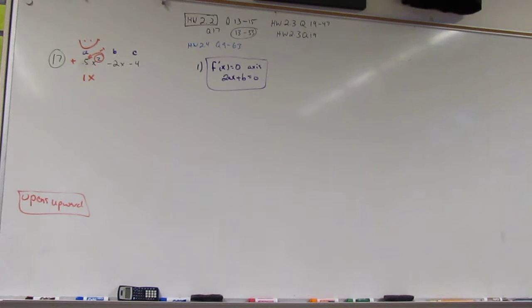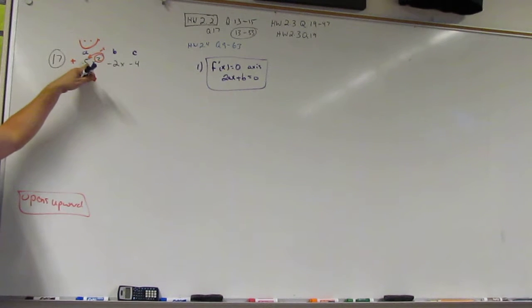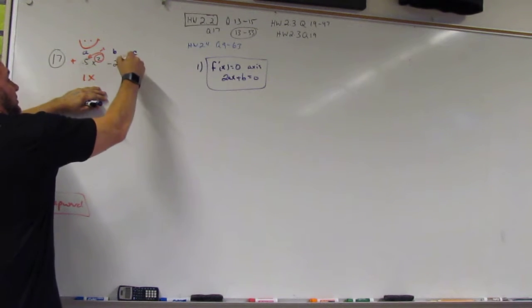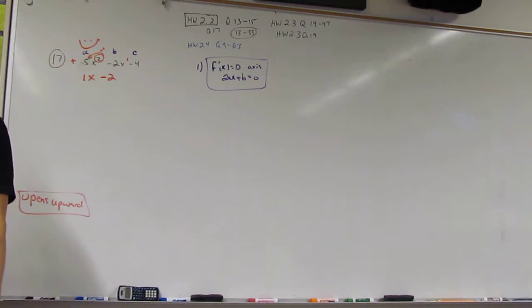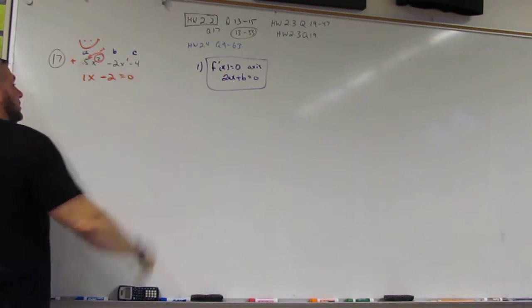For us, these are going to be on quadratics, so you're always going to be doing 2 times the coefficient, every single time. So you'll have 1x, and then what's 1 times negative 2? Just negative 2. And then solve. Make that equal to 0.